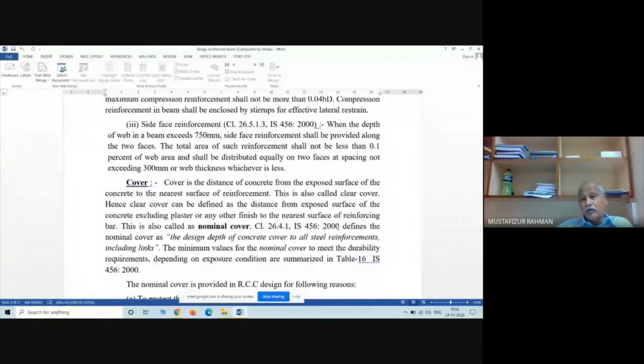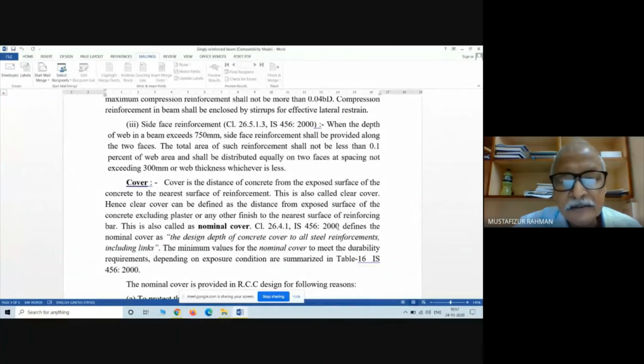The area of steel required as lateral steel on the two faces, divided by 2, is the value you have to provide using some diameter along the longitudinal direction on the vertical faces. See, these are not to be remembered. These are available in your code.